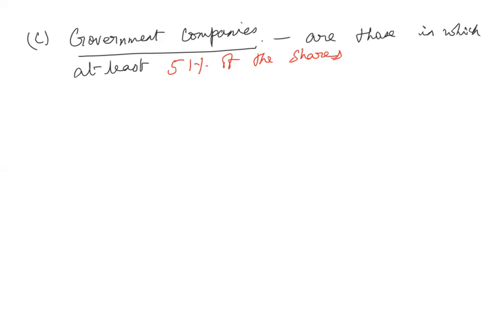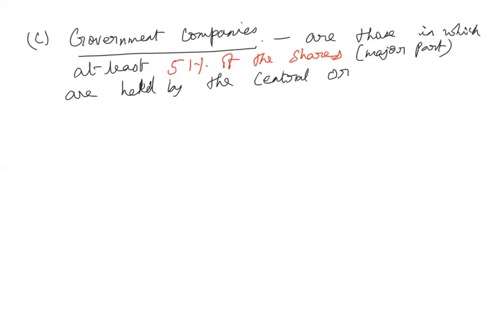So the major ownership control should be in the hands of the government. So 51% of the shares, that is the major part, are held either by the central government or the state government, or it can be held by both the central government as well as the state government.